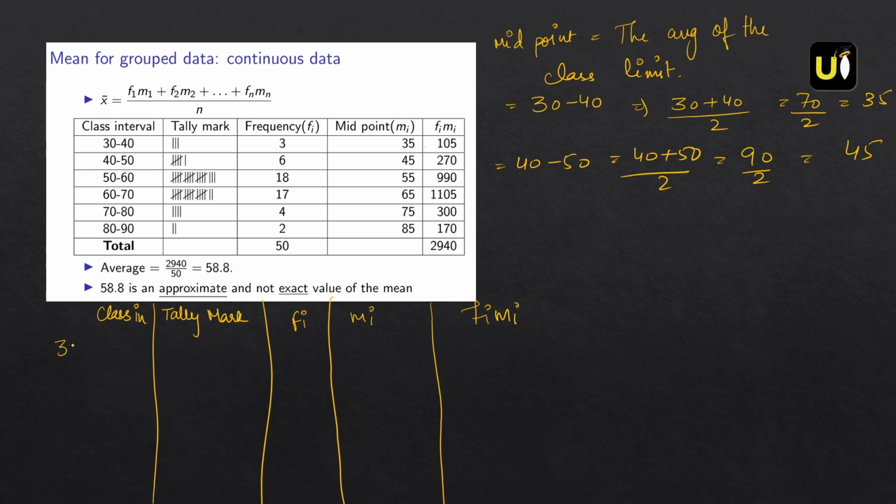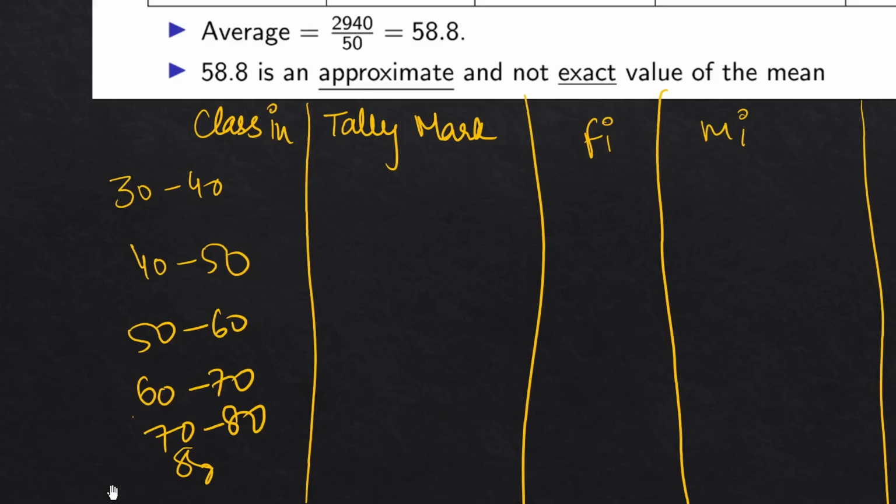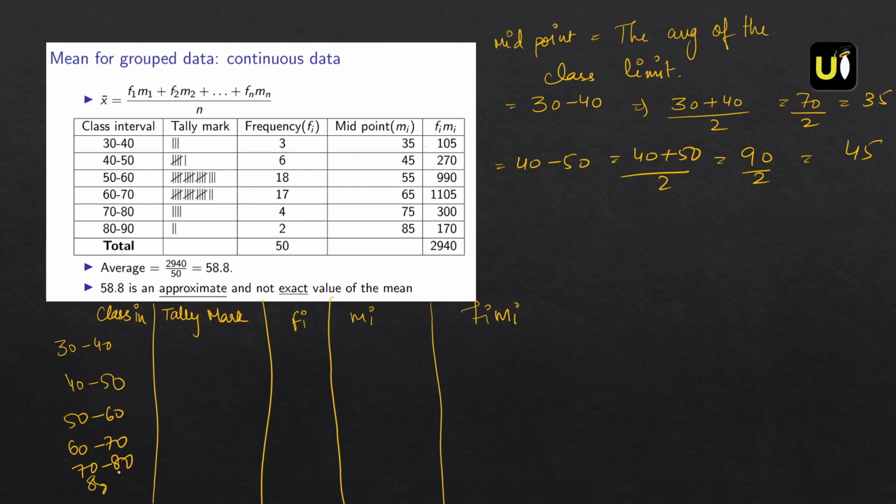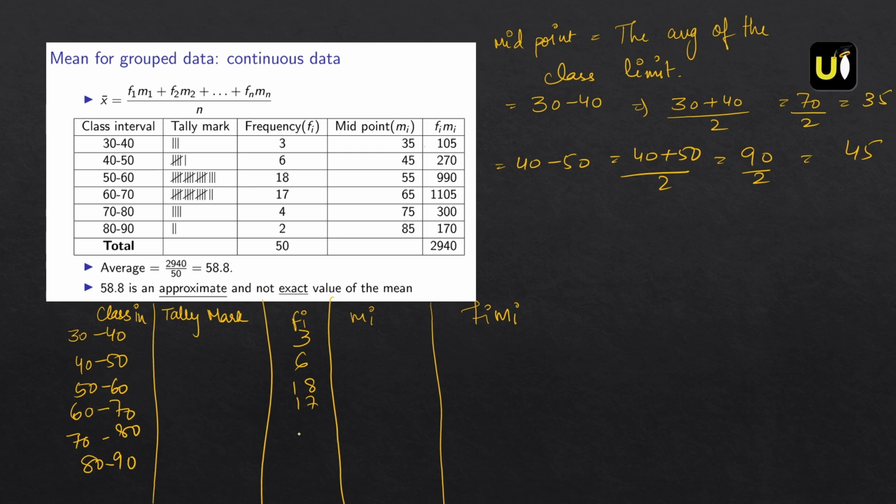All right, so here we have the classes 30 to 40, 40 to 50, 50 to 60, 60 to 70, 70 to 80, and 80 to 90. So here we have 3, 6, 18, 17, 4, and 2.